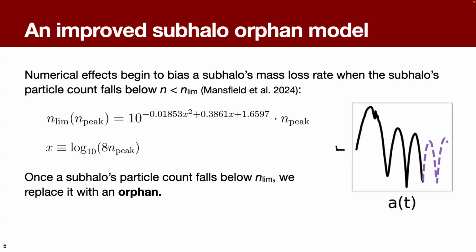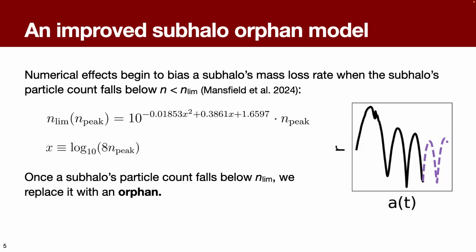But the basic idea is that even if your halo finder can find a subhalo, that doesn't necessarily mean that its mass and its other properties are reliable. And so what we do in our orphan model is, Phil found that once the subhalo particle count falls below some limiting threshold, then these numerical effects begin to dominate and your mass loss rate becomes biased.